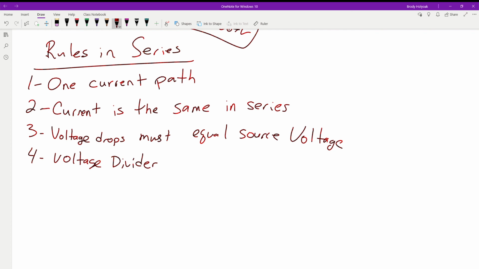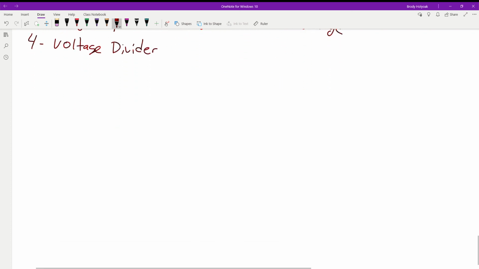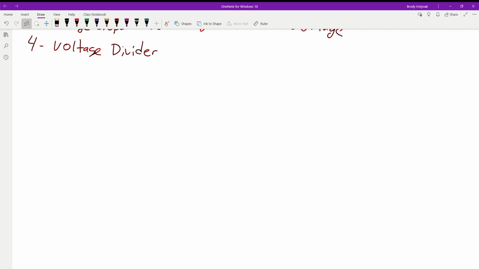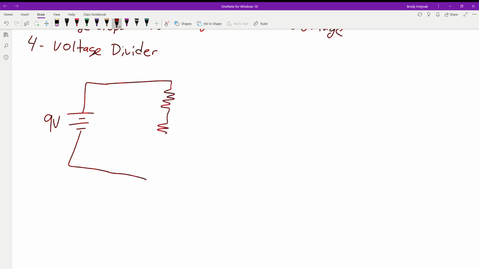Okay, so let's get into a design problem. Using Ohm's law and everything you've learned so far about series circuits, I have a 9-volt battery. I want to build something that splits up my voltages in such a way that I get 3.3 volts on one of those.